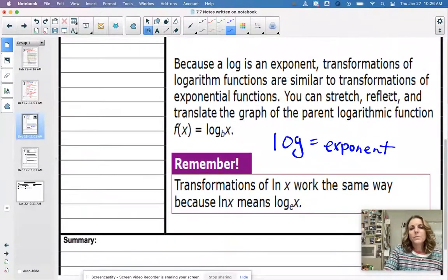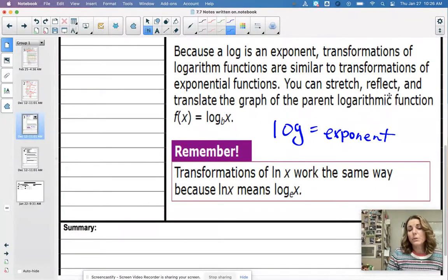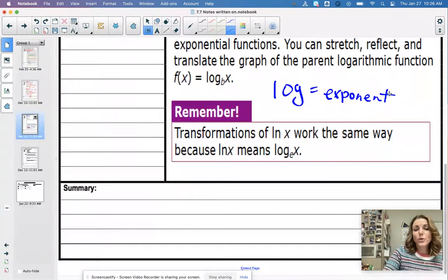Transformations of log functions are similar to transformations of exponential functions. You can stretch, reflect, and translate the graph of the parent logarithmic function. And also transformations of natural logs work the same way because the natural log of x means log e of x.